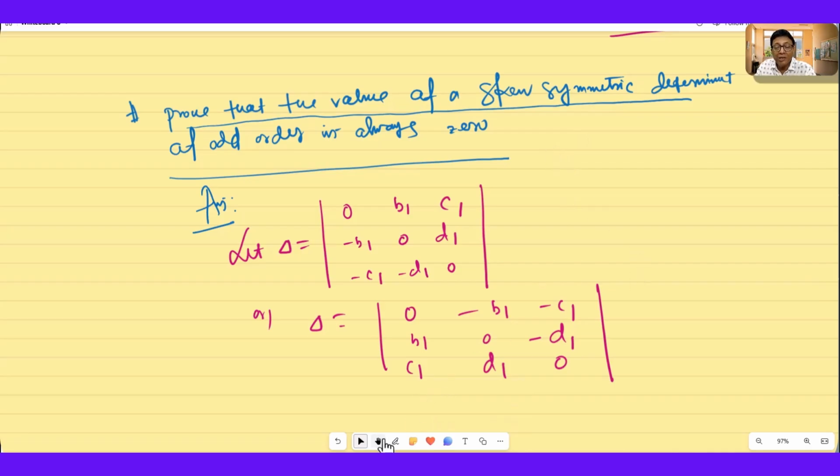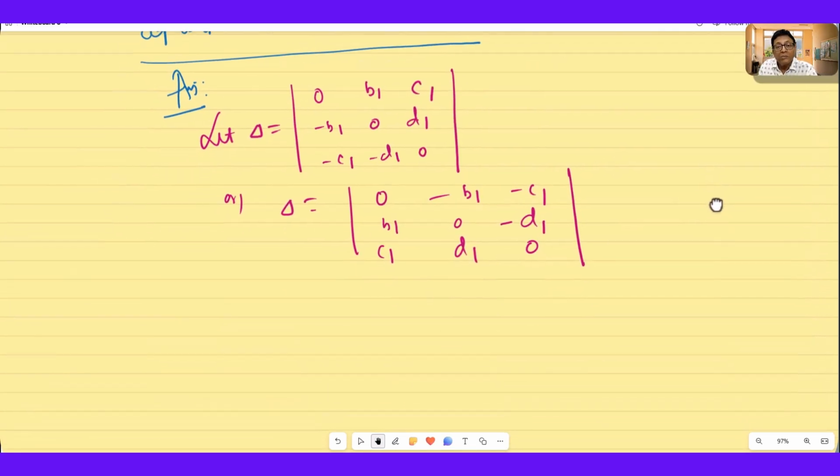Now what will we do here? We take minus 1 common from the first row, second row and third row.